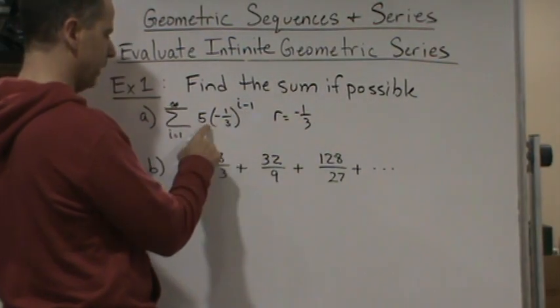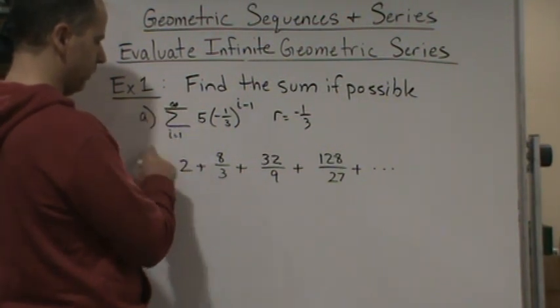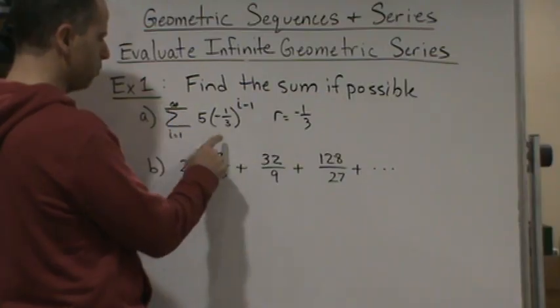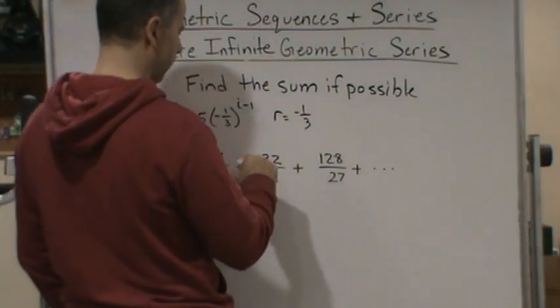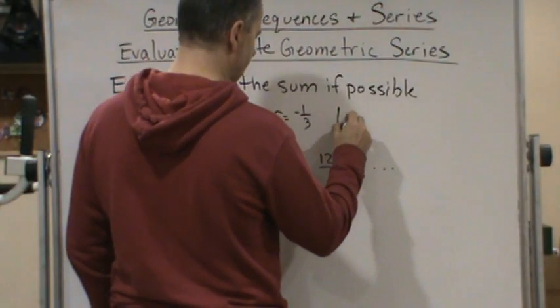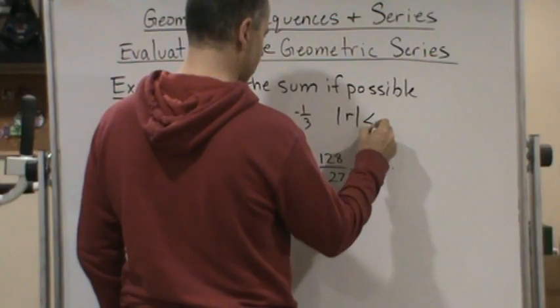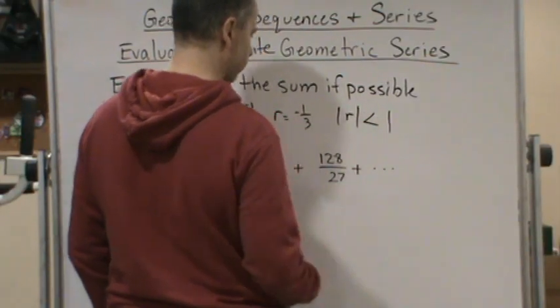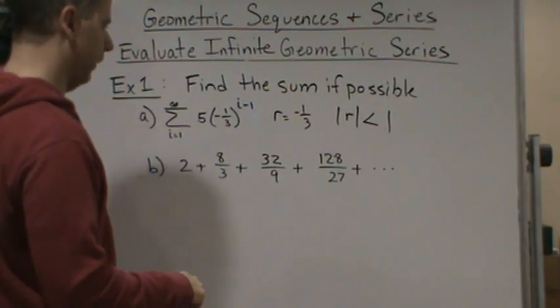This is a geometric series, you could tell, and it's an infinite series because it goes off to infinity, and the common ratio is negative 1/3. Now, if we take the absolute value of R, we see that that is less than 1, right? So 1/3 is less than 1.